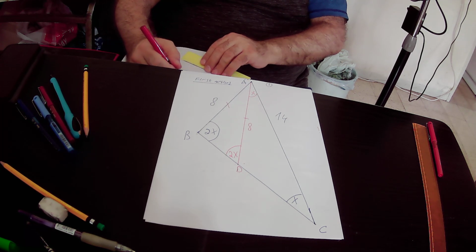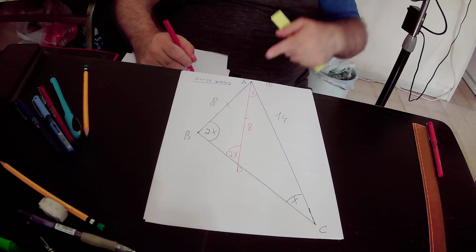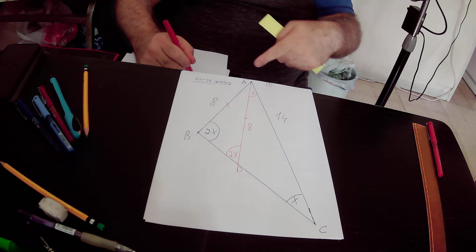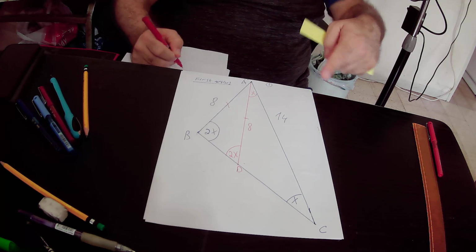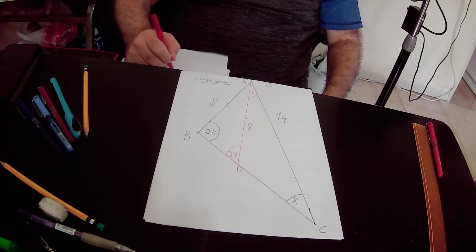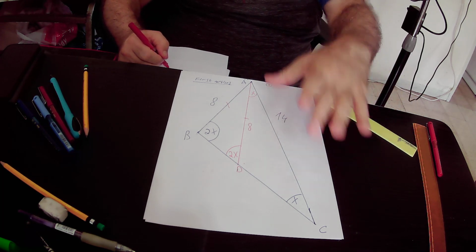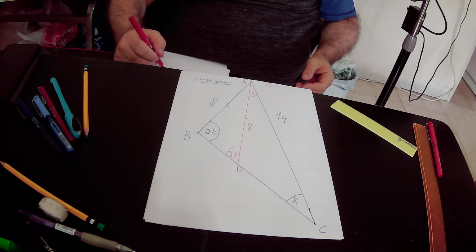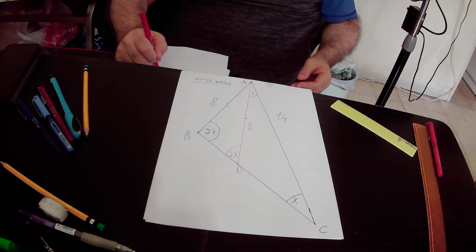Angle DAC, this angle, equals angle ACD, and both of those two angles are equal to x.